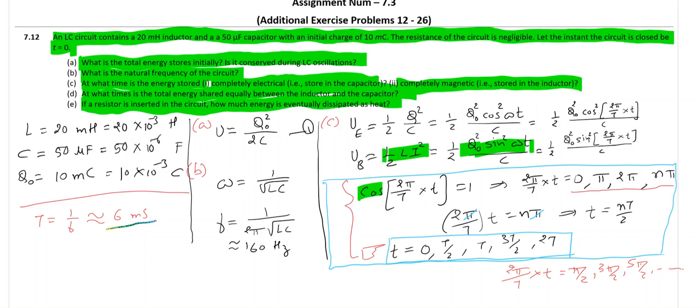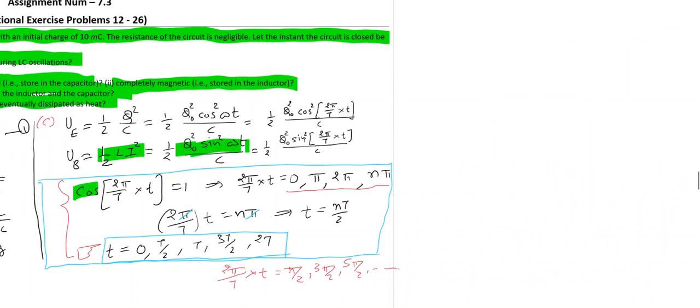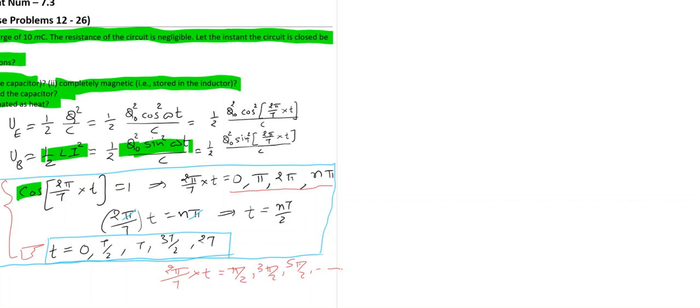Moving to the next one, D. At what times is the total energy shared equally in the inductor and the capacitor? So let us check that. We want the energy of the capacitor to be half, and the energy of the inductor to be half.